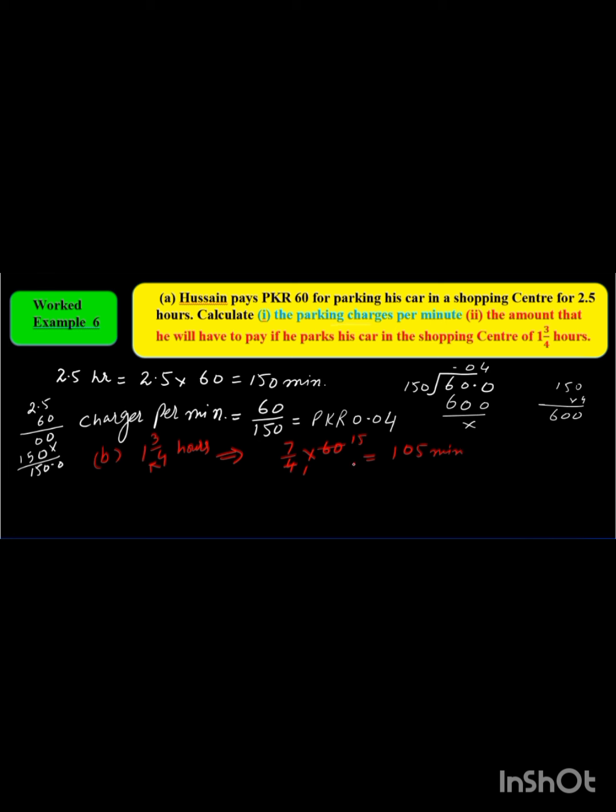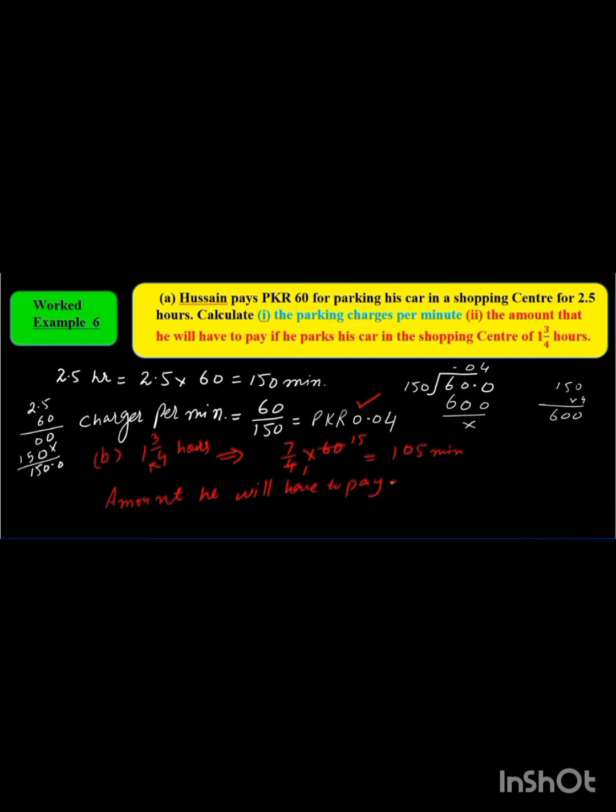It means we have to find the total payment for 105 minutes. And what is the payment per minute? That is 0.04. For the total payment, you can write here, the amount he has to pay. Whatever you want, you can write here, the amount he will have to pay.